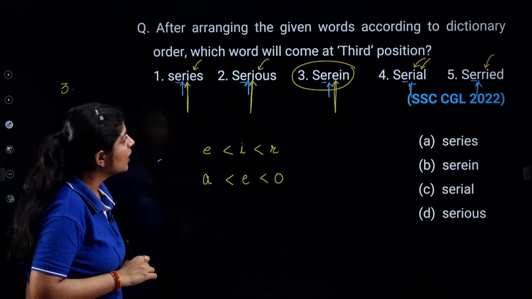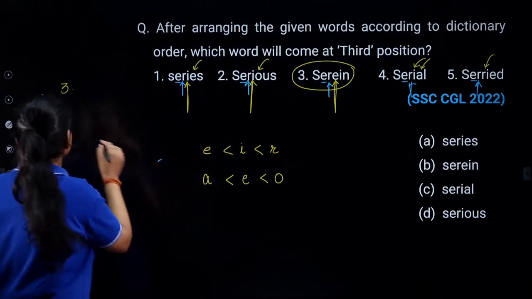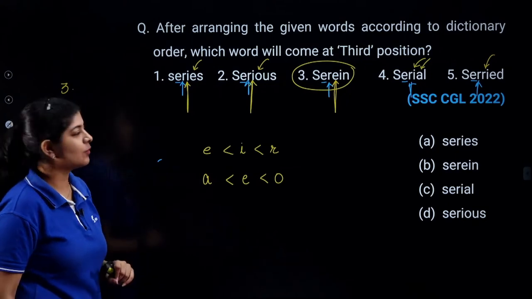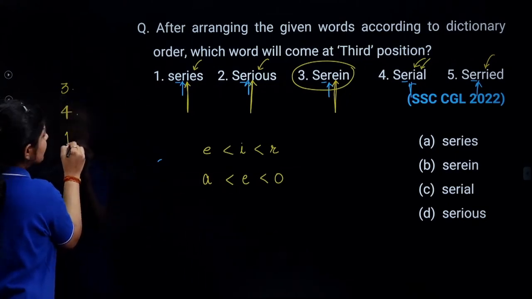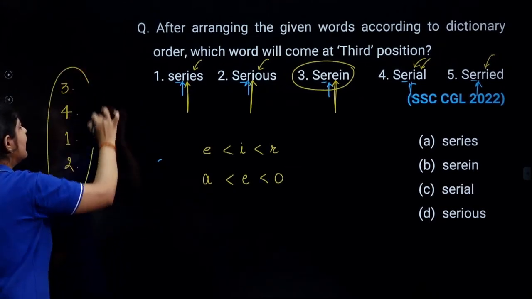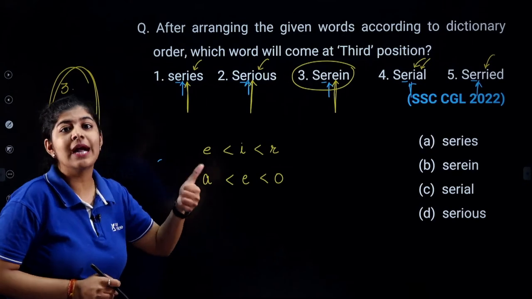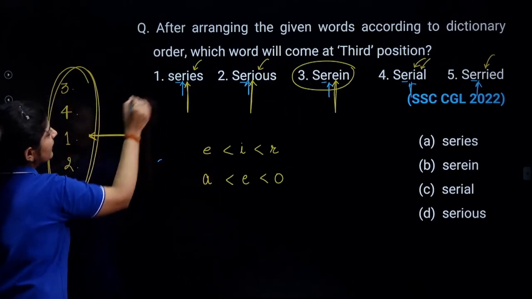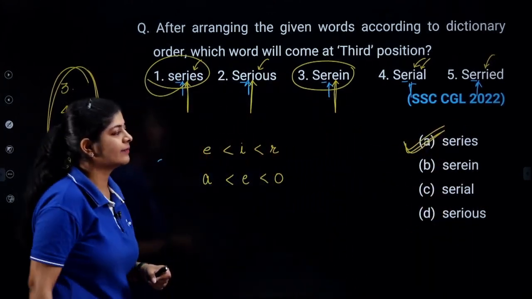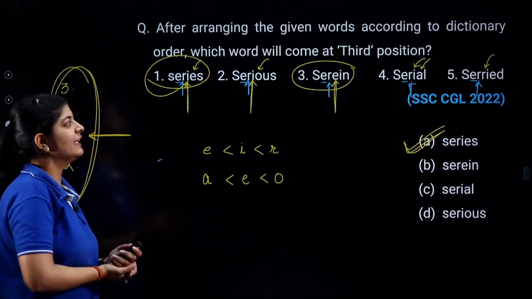So if A comes first, we can easily say that the word cereal will come at second position, and after that we have series, and after that the last one. So this is the order as per the dictionary, and we need to identify the word which will come at third position, and that word is series. That means again option number A is the correct one. Is it clear? It's a very easy question.